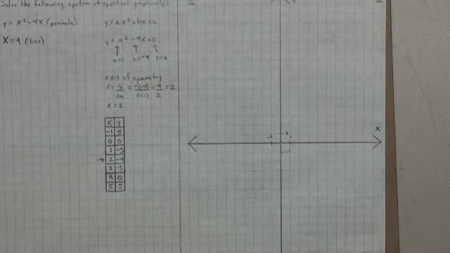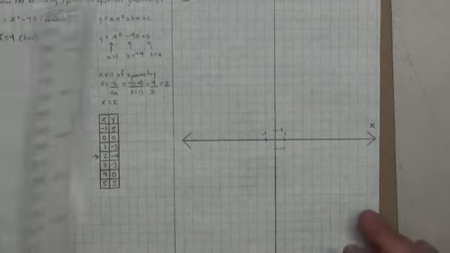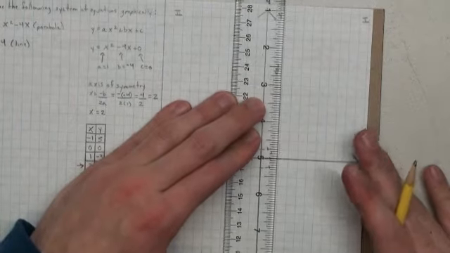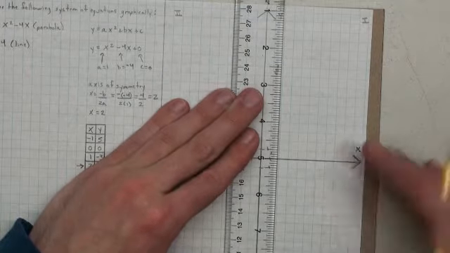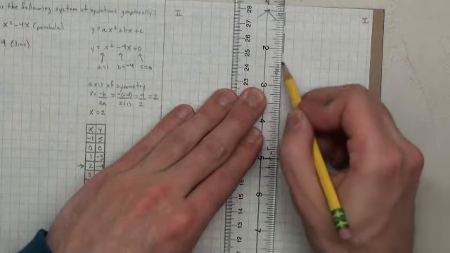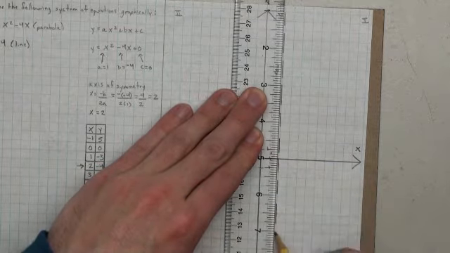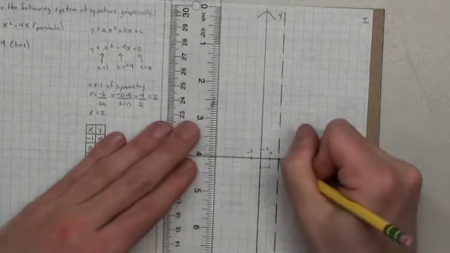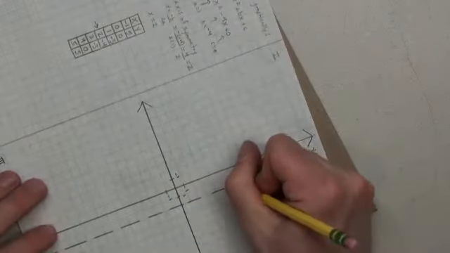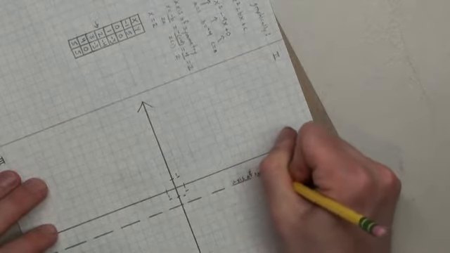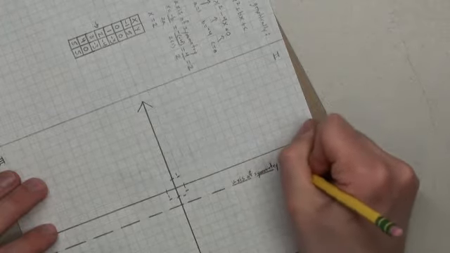Let's first do our axis of symmetry. It goes through 2, it's x equals 2, so that's this line right here. So I'm going to write right on top of it, axis of symmetry, x equals 2.